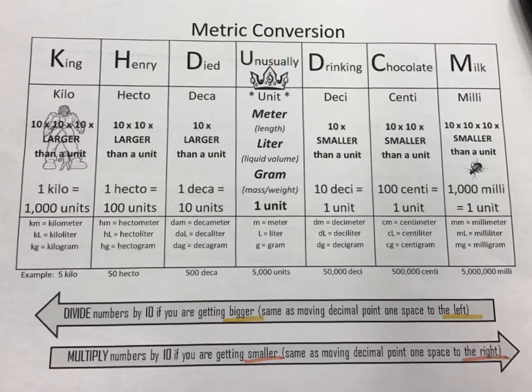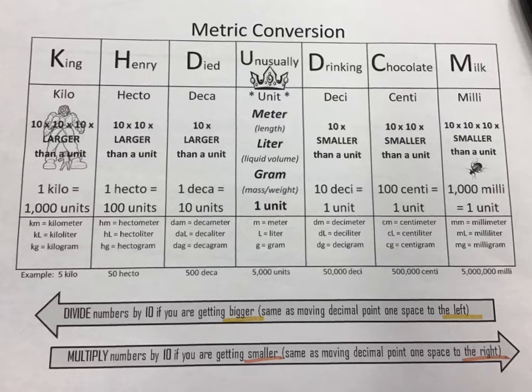This is just a way to remember the order that they go in. So you've got kilometers, hectometers, decameters, or liters or grams or seconds. You've got decimeters, centimeters, millimeters. So these are the order that they go in.